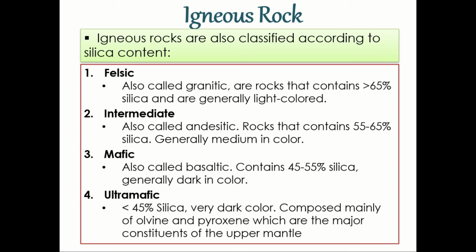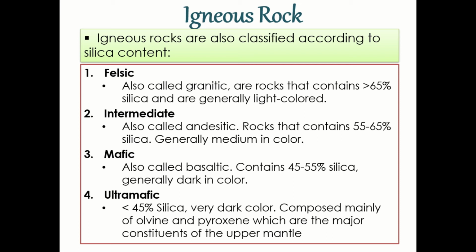Second is intermediate, also called andesitic, rocks that contain 55 to 65% silica, generally medium in color. Mafic is the third one. It's also called basaltic, containing 45 to 55% silica, generally dark in color. And last is the ultramafic, which is less than 45% silica and is very dark in color, composed mainly of olivine and pyroxene, which are the major constituents of the upper mantle.